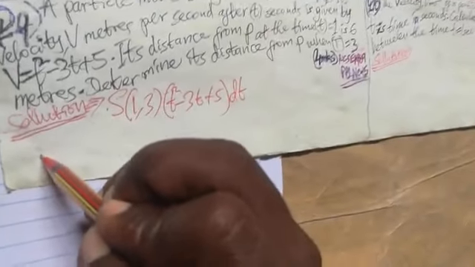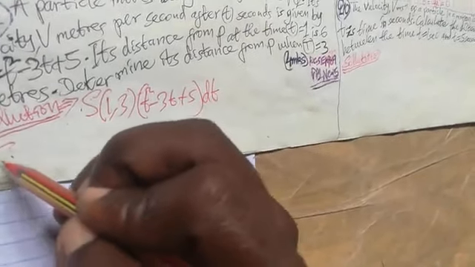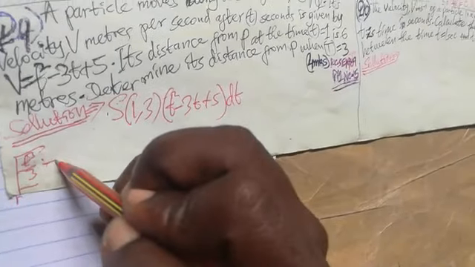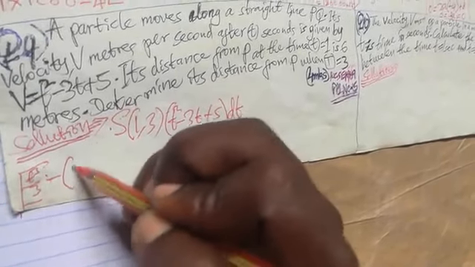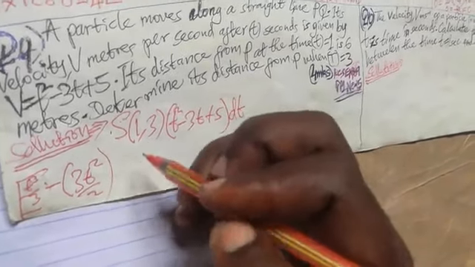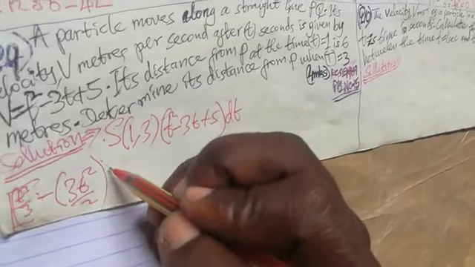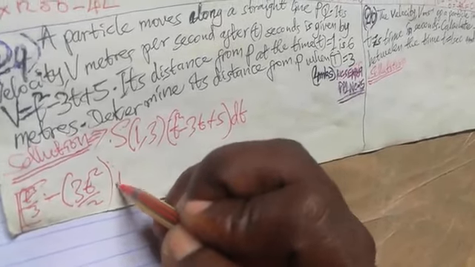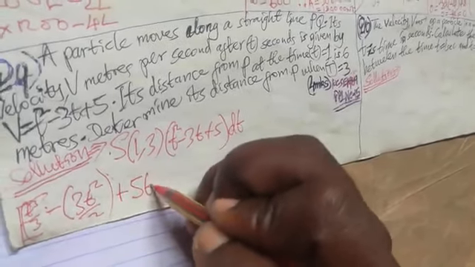This will further give us t cubed over 3 minus brackets 3t squared over 2 plus 5t.